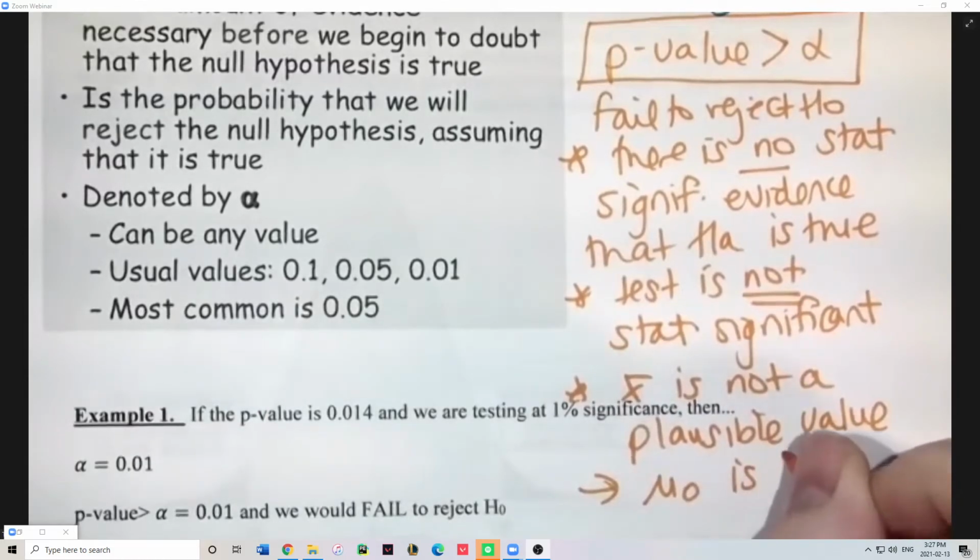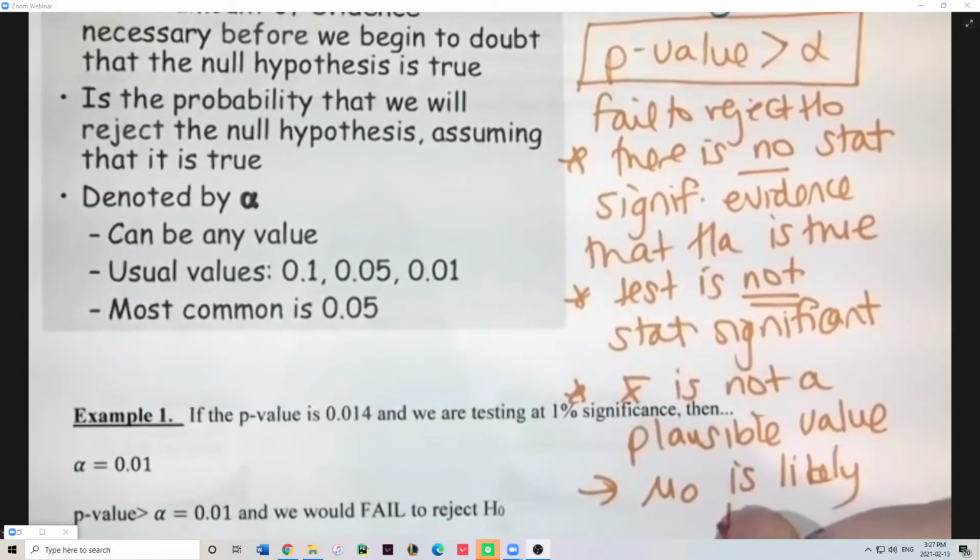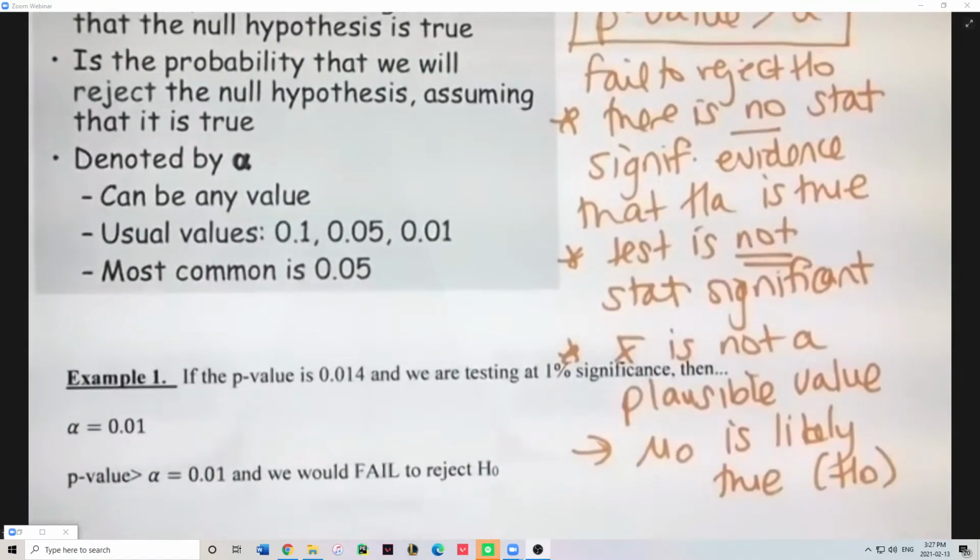Mu, or mu naught, is likely true because you're failing to reject H naught. So those are all the conclusions that we can make based on a hypothesis test.